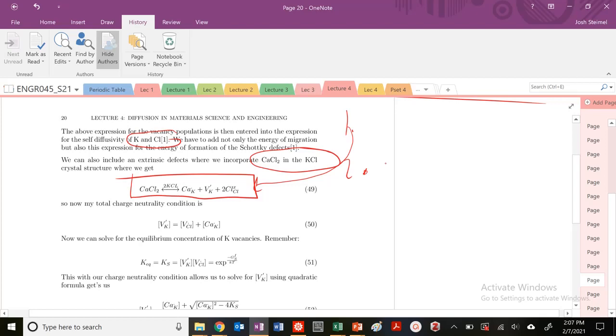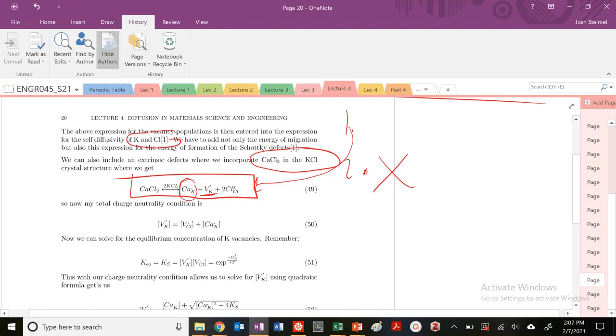Is there some type of equilibrium, or in this extrinsic reaction, is there some relationship with temperature? No, there is no relationship with temperature here because, in order to create this vacancy in the cation, we are putting in the energy ourselves. So we're extrinsically putting in that material.